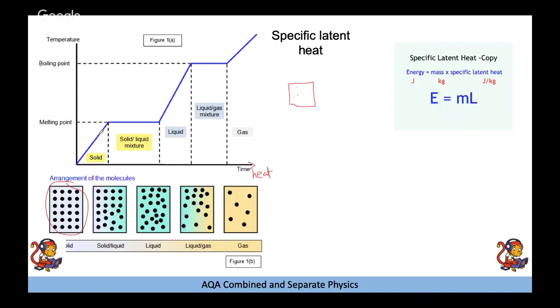And we can see that when I first start heating it, my temperature goes up. My temperature goes up until something happens. Now, if this was water, the melting point of this would be at 0 degrees C. Here we have my temperature scale up here. So here, my particles are now starting to melt. And so this is the point where melting is happening.